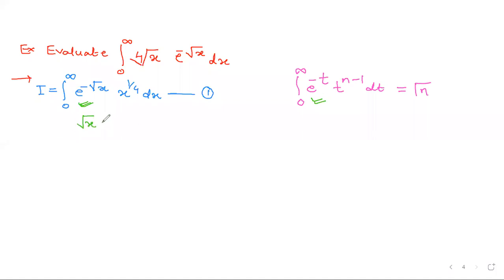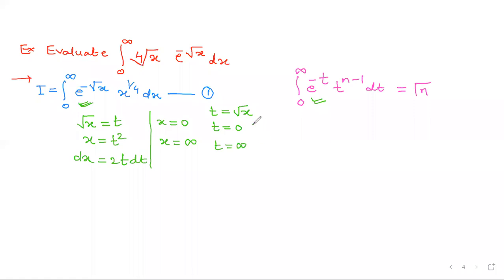Again, root x is equal to t. तो ये तो last time हमने किया है सब. x is equal to t square. Differentiate, dx is equal to 2t dt. Limit does not change. When x is equal to 0, t is also 0, and x is equal to infinity, t is also infinity. No change in limit in first type.